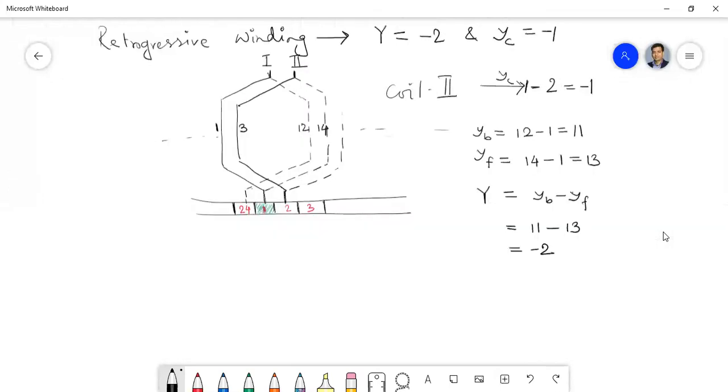I think you have understood the definition and the examples for progressive and retrogressive winding. Progressive windings are mostly used for lap winding. So today we'll discuss a numerical problem, or design problem, you can say.